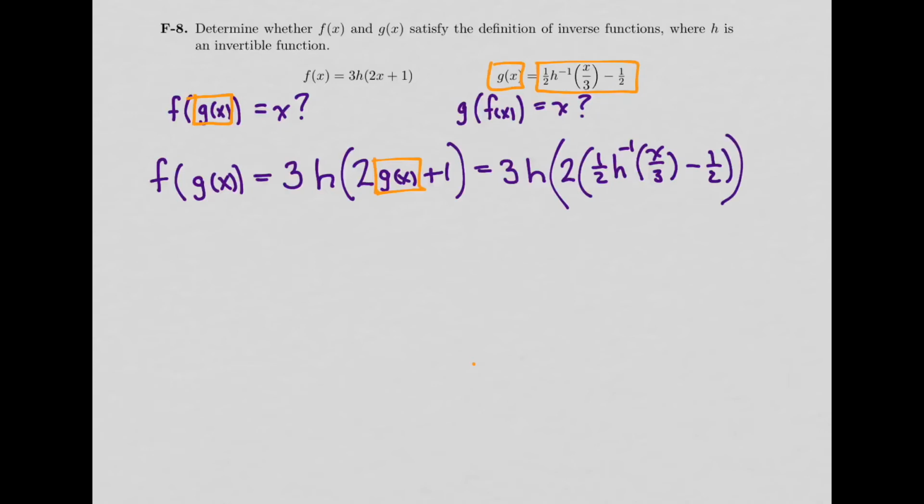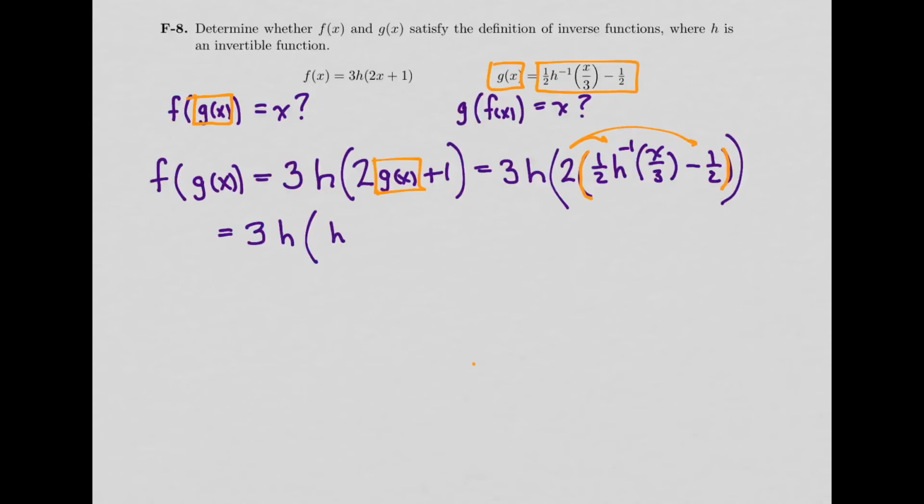It helps to use a little bit of color here to emphasize that these parentheses represent my g of x. And this 2, I'm going to have to distribute across both of the terms. When I do that, I discover f of g of x is 3 times what h gets, and I'm just simplifying what's inside. I distribute that 2, and I get h.